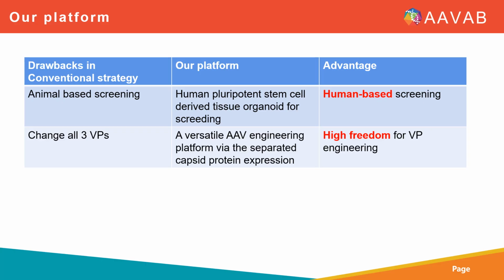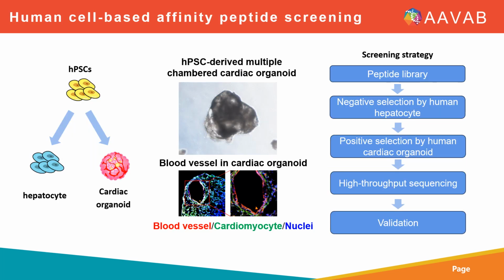First, we use human pluripotent stem cell-derived tissue organoids for library panning to avoid interspecific differences. Second, we built a versatile AAV engineering platform via separate capsid protein expression, which gives a high freedom for VP engineering. Here is an example of human cardiac-specific affinity peptide screening.